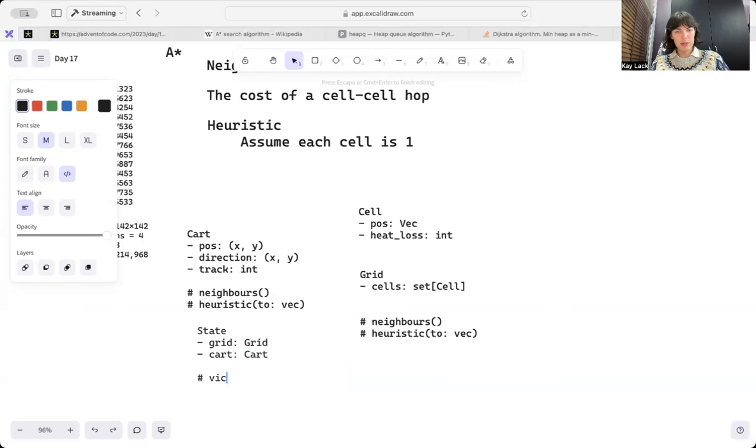I'm also definitely going to have a viz. That's going to be important. And a calc min heat loss.